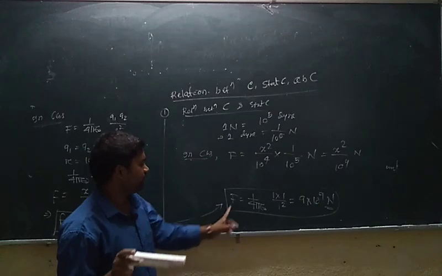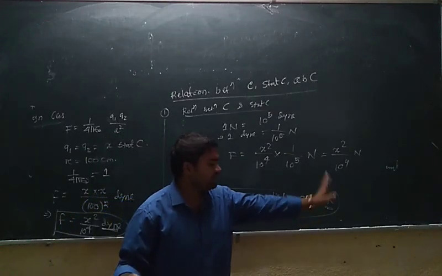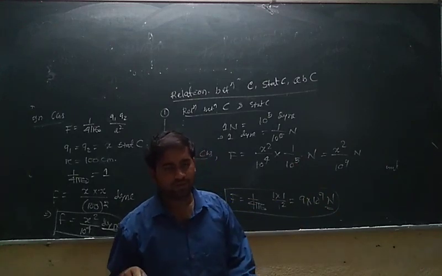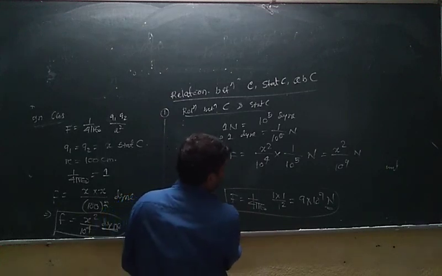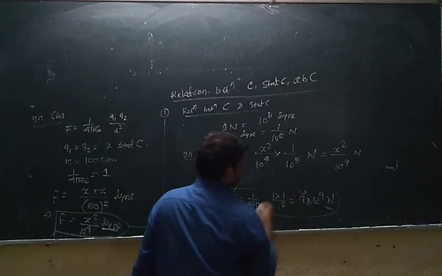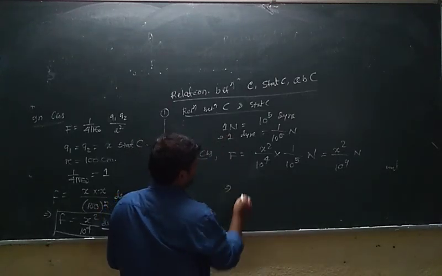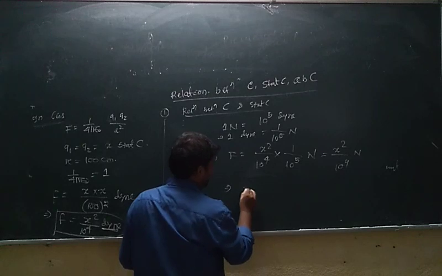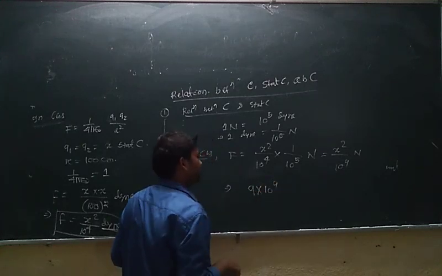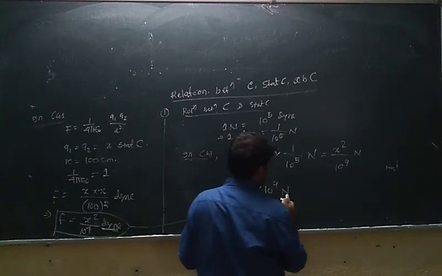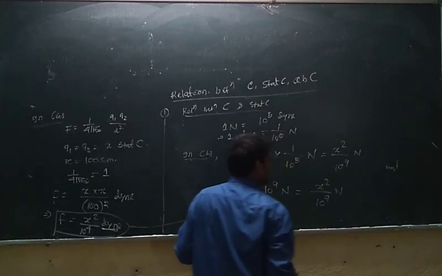But here we have obtained force equal to 9 into 10 to the power 9 Newton. So if we substitute the value of F, that is 9 into 10 to the power 9 Newton, equals x square by 10 to the power 9 Newton.